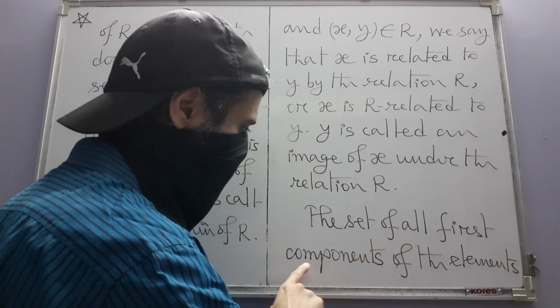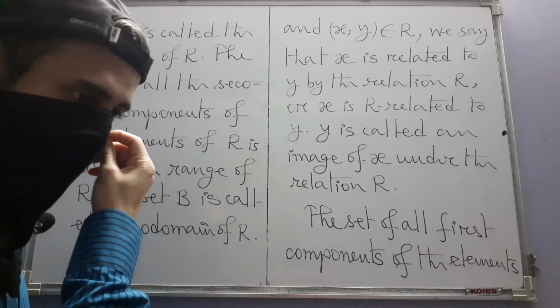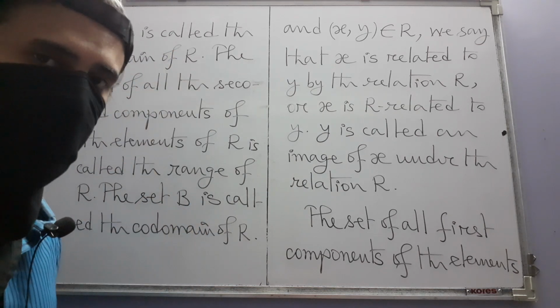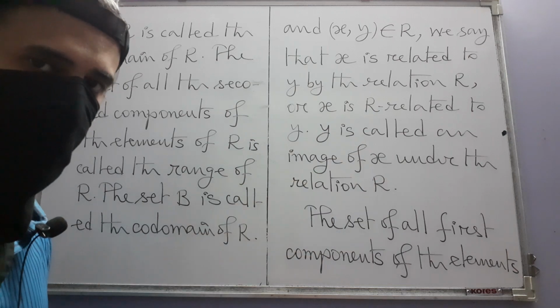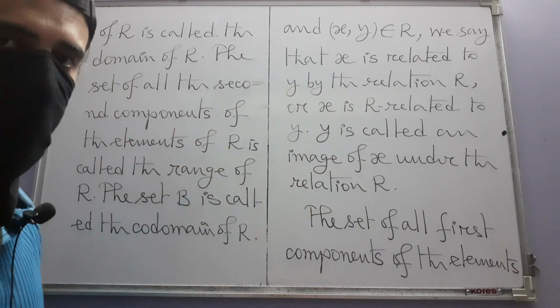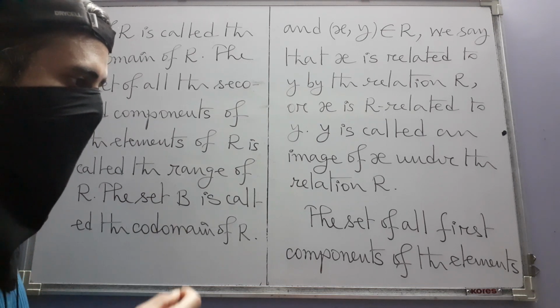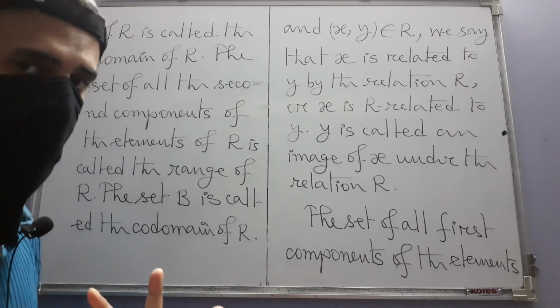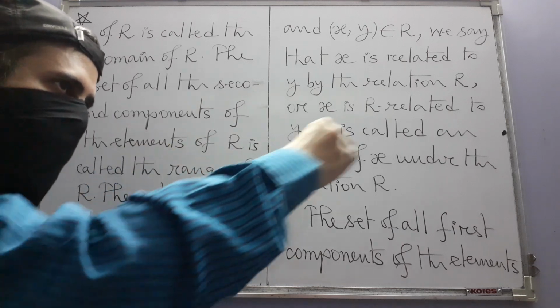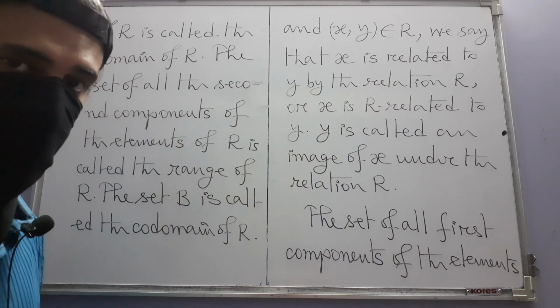The set of all first components of the elements of R is called the domain of R. Now, what are the elements in R? After all, some ordered pairs, right? Maybe not all the ordered pairs in A times B, some of them. Now, each ordered pair has a first component because it's an ordered pair. You collect those first components, take them together, they will form a set.